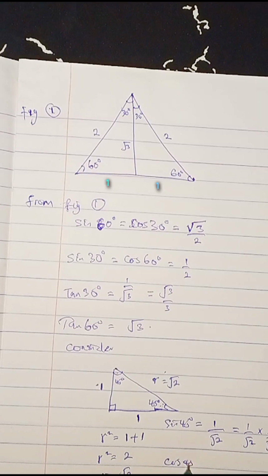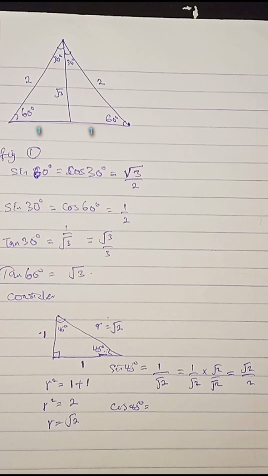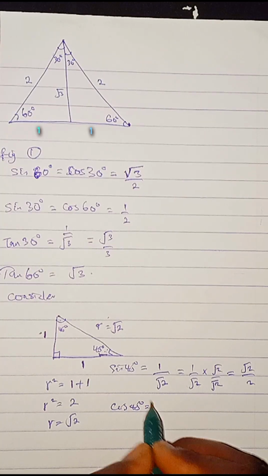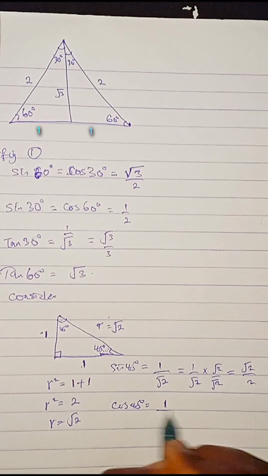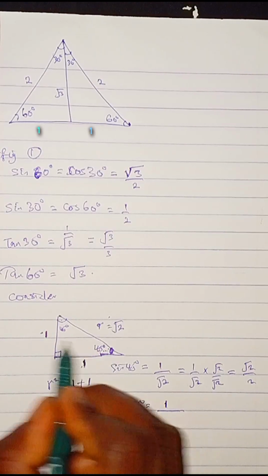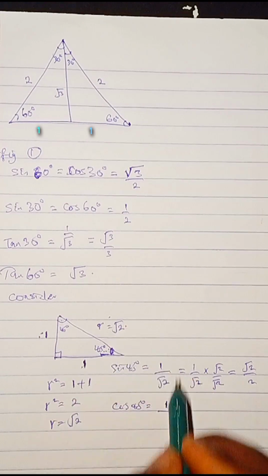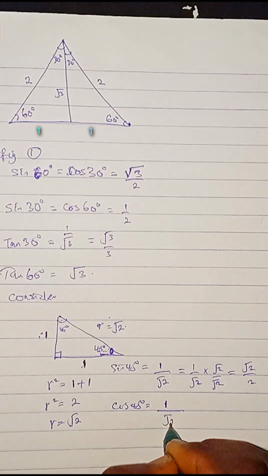What is cos 45 degrees? From here, adjacent over hypotenuse. This is the adjacent. If you are using this angle, this is opposite over hypotenuse. Adjacent over hypotenuse, square root of 2.